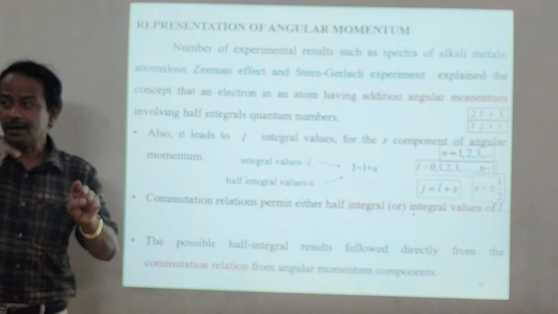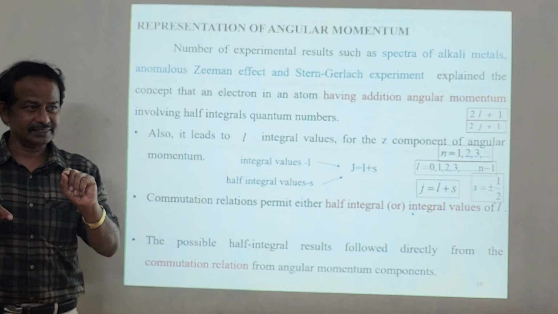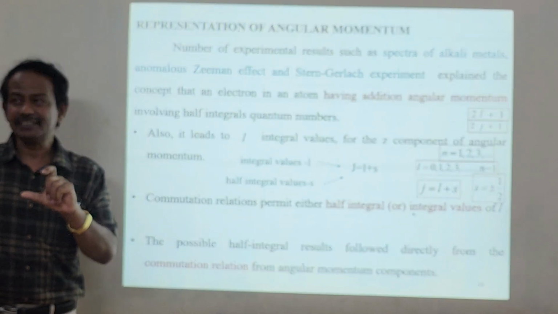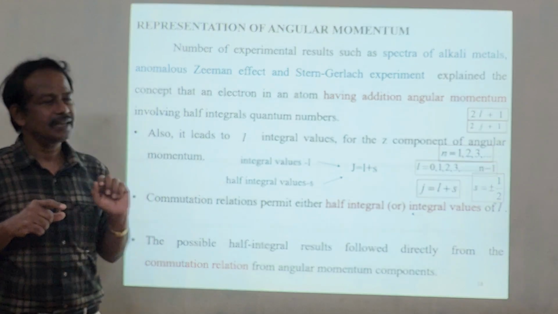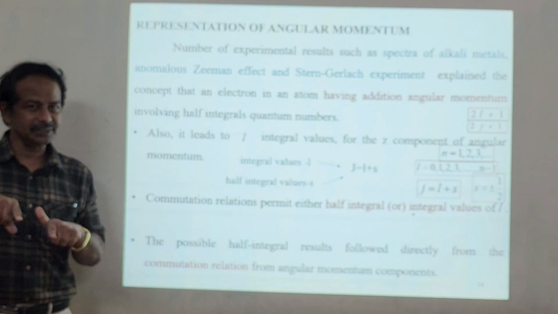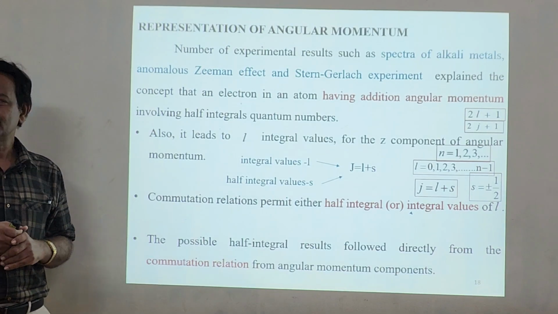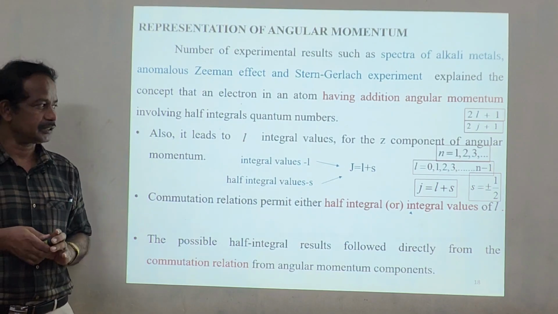L stands for orbital angular momentum, which goes with integral numbers, and S is half integer numbers. Put together, you will get integers as well as half integers. Now this will satisfy. We call this capital J, which is nothing but total angular momentum.